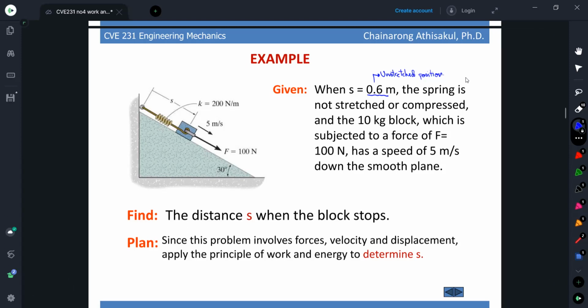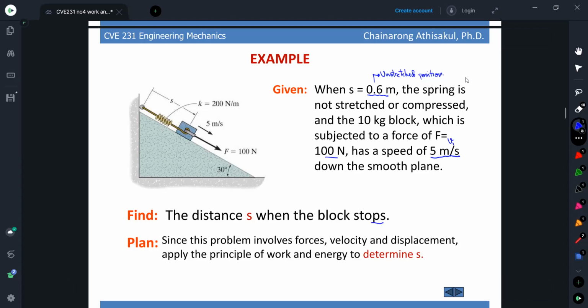The block has a mass of 10 kilogram, and it is subject to a force of 100 Newton, and it has a speed of 5 meter per second down the smooth plane. This is the initial velocity v1. We would like to find the distance s when the block stops.